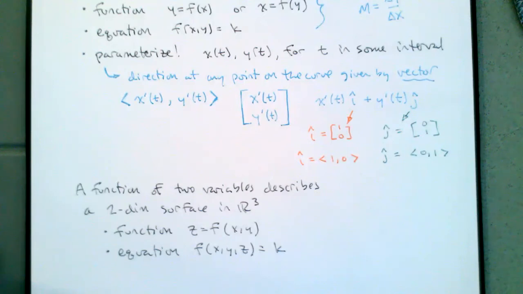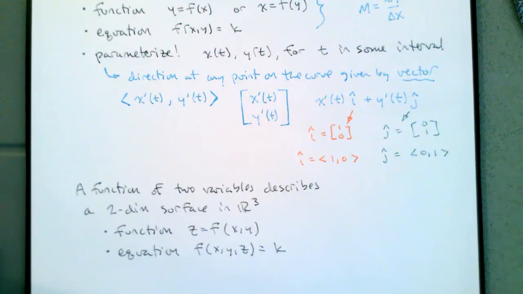But we might not want to describe an entire surface in R3. For example, if there's a fly buzzing around the room, the path of that fly is not describing a two-dimensional surface in R3. A fly buzzing around the room is describing a one-dimensional curve in R3.